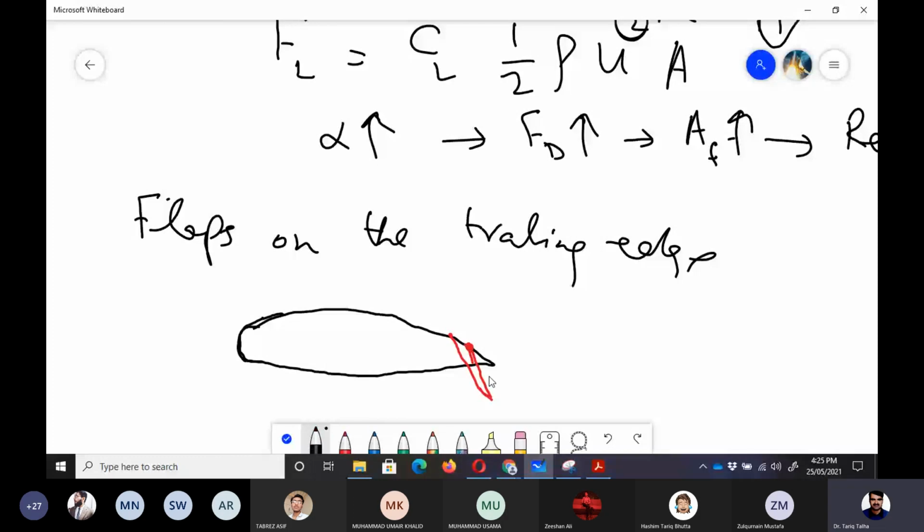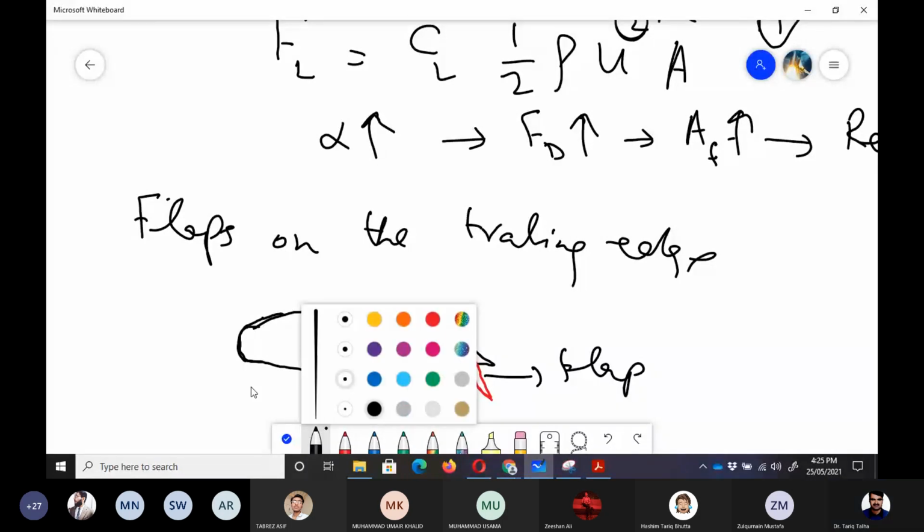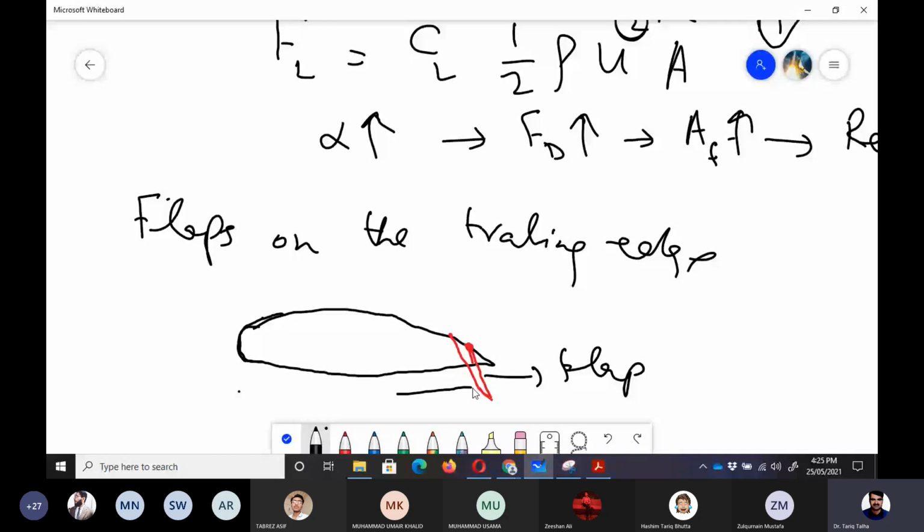So what does it do? When the flow is coming here, there would be higher pressure here as compared to this portion, so it would have higher lift, so it would increase CL. But the second consequence, because it is perpendicular to the flow, is that CD would also increase a little bit, depending upon the frontal area, right?